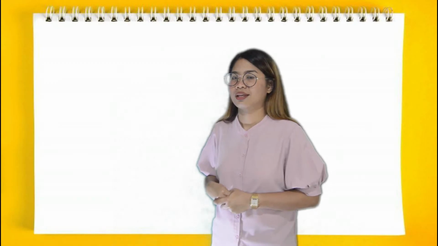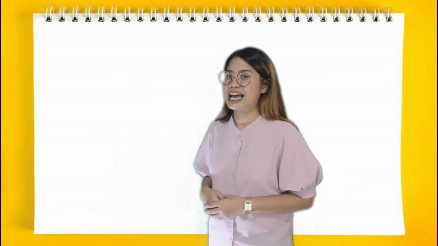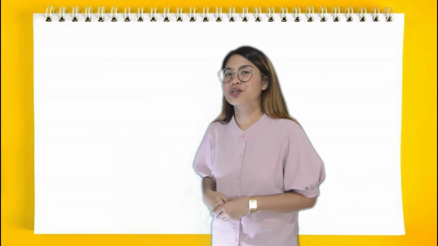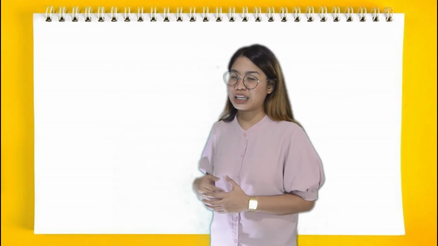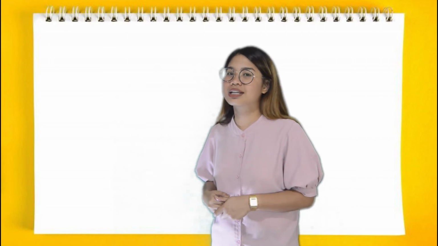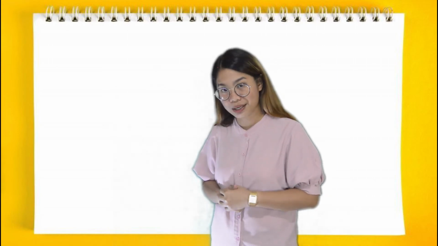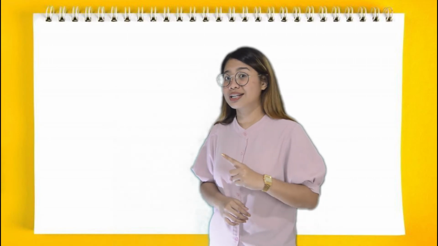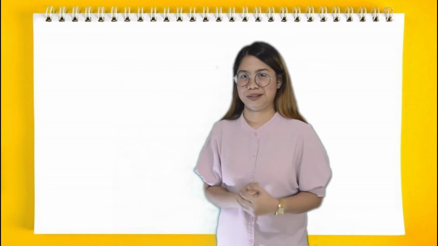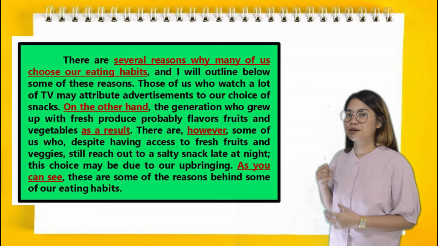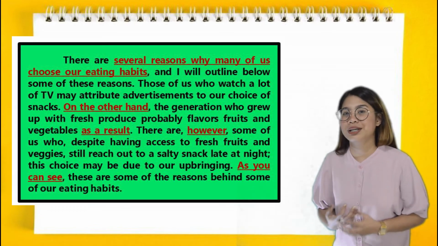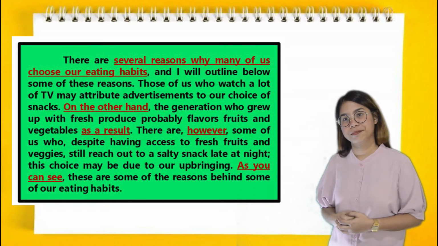So in 10 seconds, I want you to identify what is the topic sentence and what is the writing pattern, as well as the signal words used in the paragraph. Timer starts now. So time's up. So first, what is the topic sentence in the paragraph?